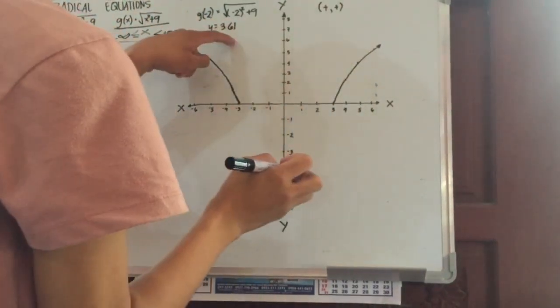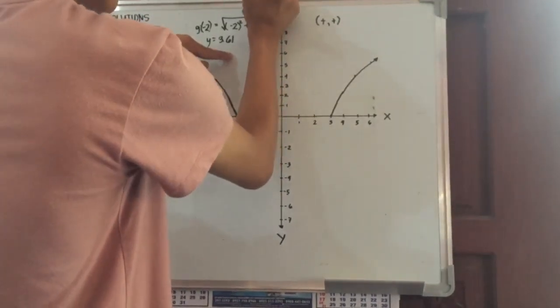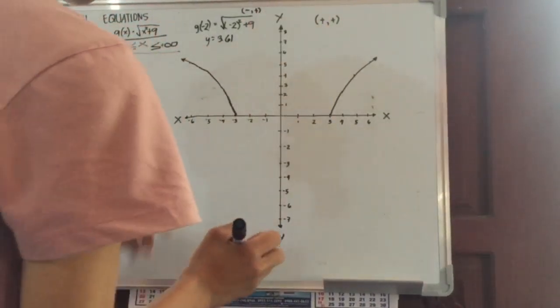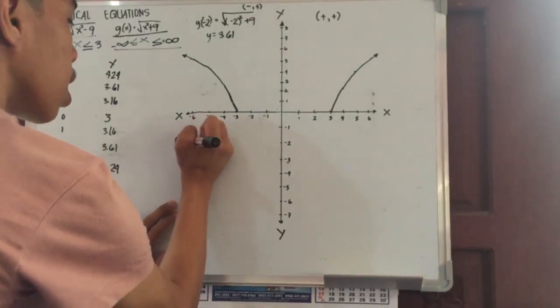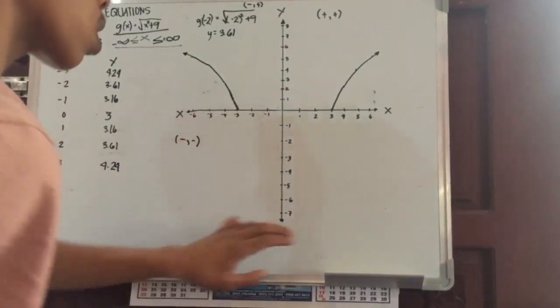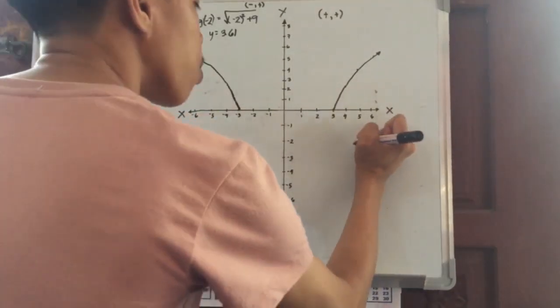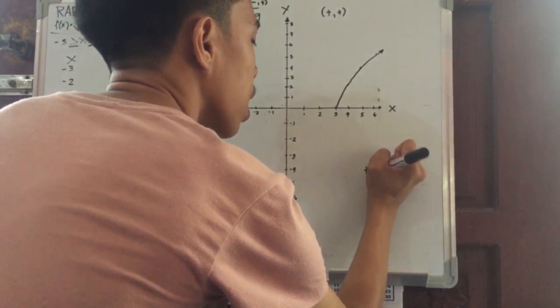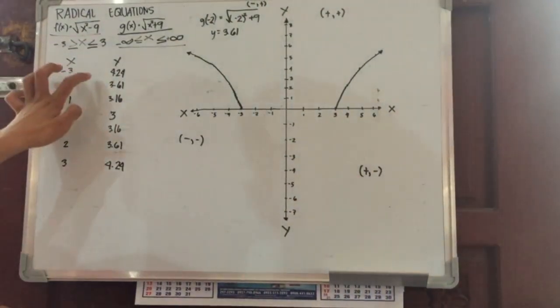The second quadrant is negative and positive. The third quadrant is negative and negative. Our last, the fourth quadrant, is positive and negative.